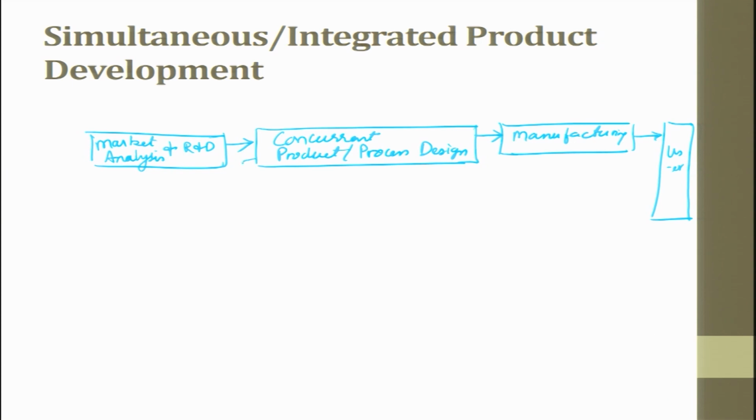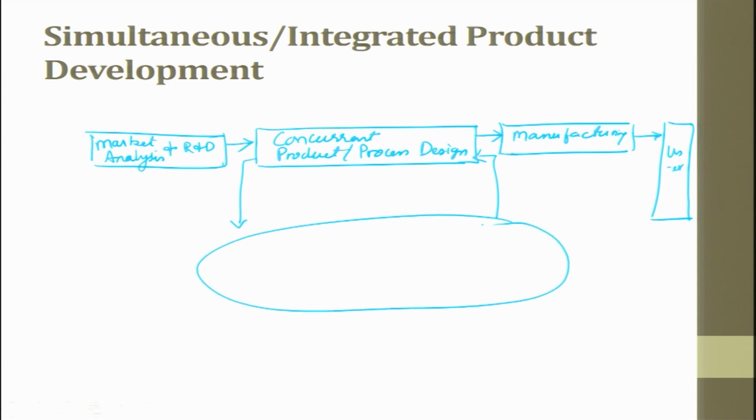Okay. So, here we will have a big block where it talks about database, in which you have manufacturability, you will have process plan, you will have analysis, you will have reliability.